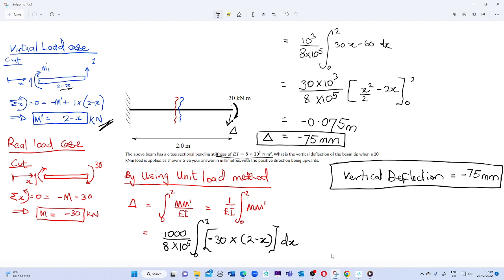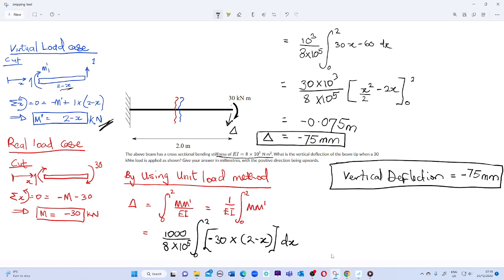Fine. Now, in order for us to calculate the vertical deflection of the beam, we need to calculate the real load case too. So therefore, we now replace the real moment, which is 30 kilonewton, acting at the tip of the cantilever.